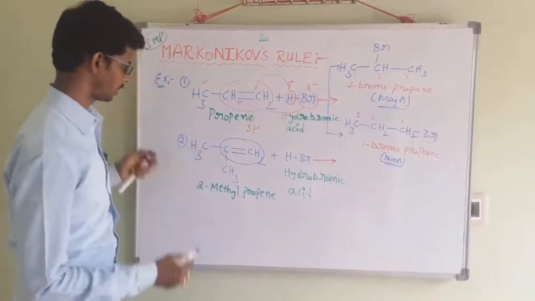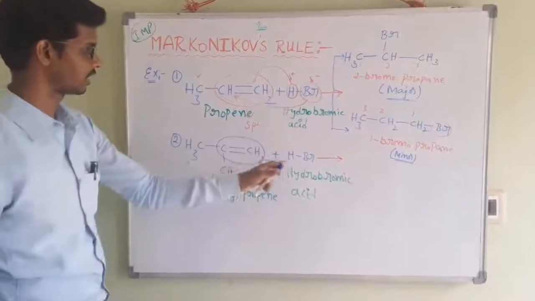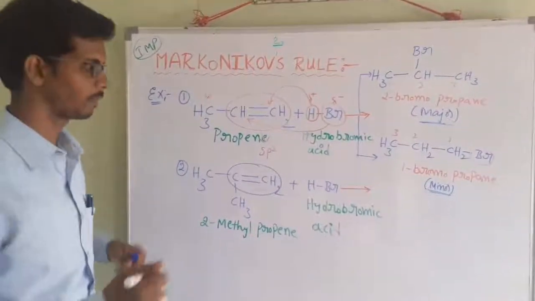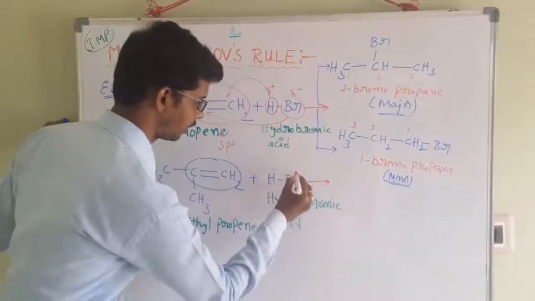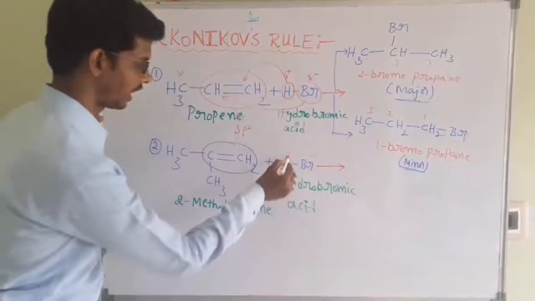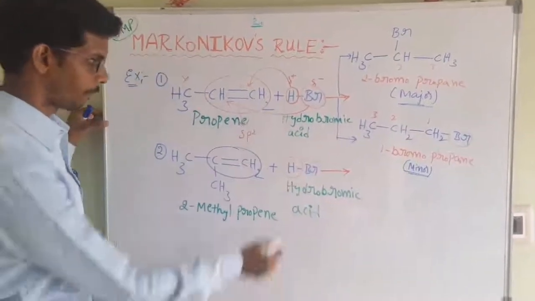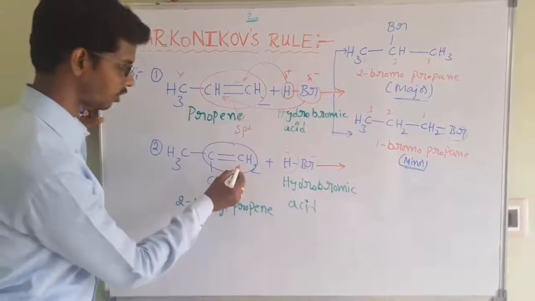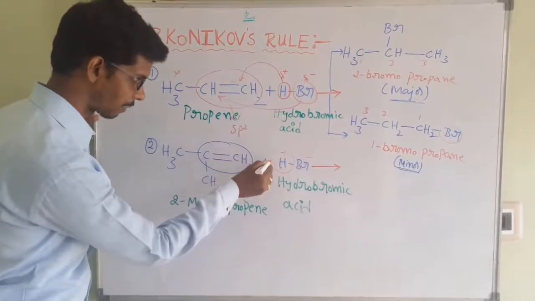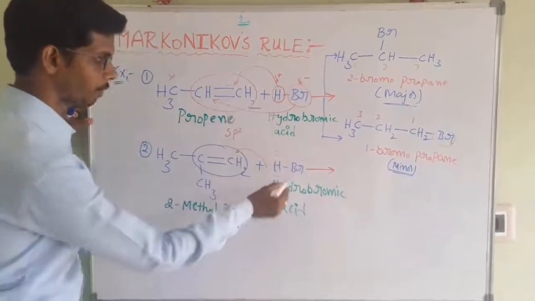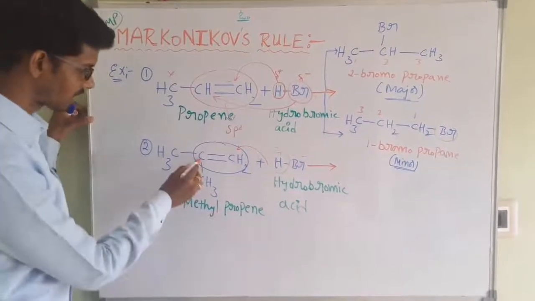Next, how is the polarization of this unsymmetrical reagent taking place? H plus and Br minus. According to Markovnikov rule, the positive part of the reagent is going to be attached to the carbon containing more hydrogens. This is this one. The negative part of the reagent is going to be added to the carbon with fewer hydrogens.